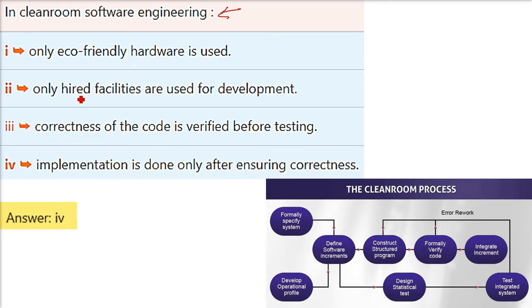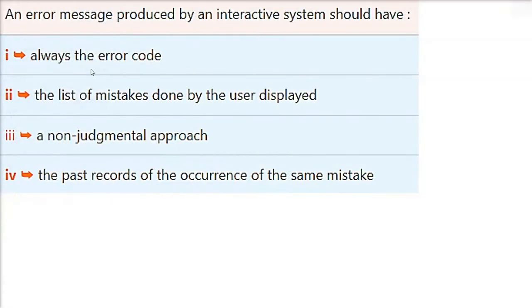So here it comes, implementation is only done after ensuring the correctness. Once the different formal verification, validation, there are different methods we use, but implementation is done only if things are correct, otherwise not. So this is the answer, fourth. Correctness of the code is verified before testing, no, it doesn't fit here. So SRS is unambiguous here. It is properly formulated with mathematics, with algebra, with various other stuff.